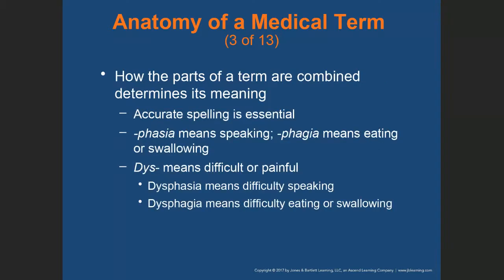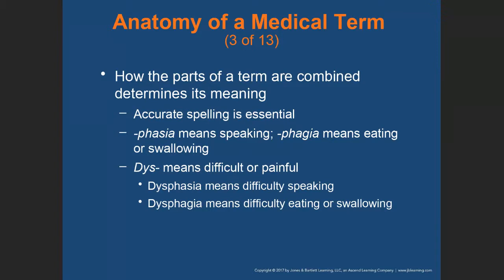How the parts of a term are combined determines its meaning. Accurate spelling is essential. For example, phasia with S-I-A means speaking. Phasia with G-I-A at the end means eating or swallowing.